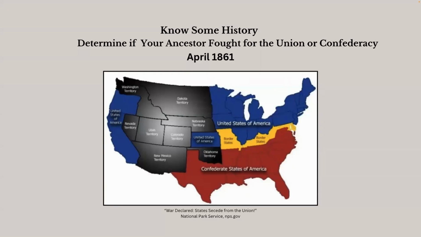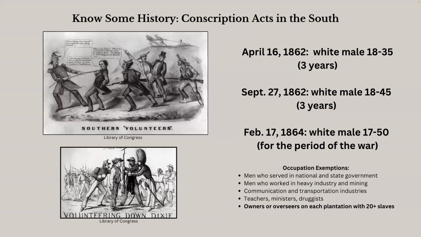So the point is that map, it makes it look like everything is very cut and dried, and it was much, much messier and complicated than what you see in these maps. Now, by the end of 1861, there were 200,000 men who had voluntarily enlisted into the Confederacy.